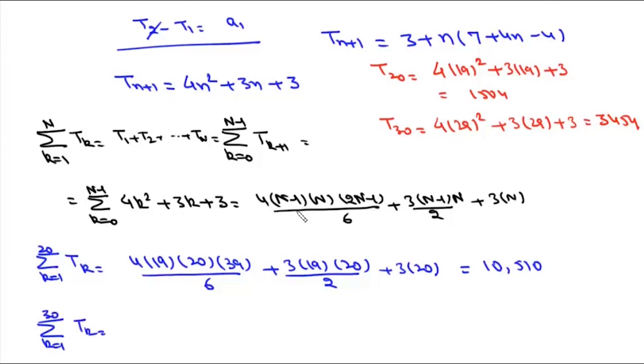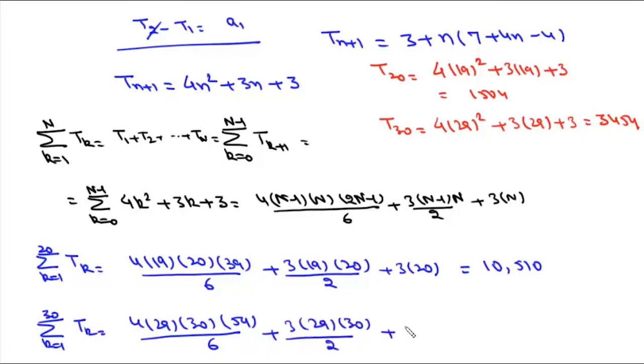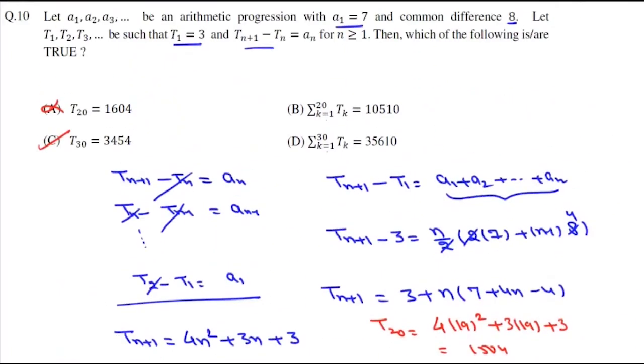Now here we'll put n as 30, so it will be 4 into 29 into 30 into 59 divided by 6, plus 3 into 29 into 30 divided by 2, plus 3 into 30. And this value is 35615. So 10510 is correct, and 35615 means option D is incorrect. So the correct options are B and C.